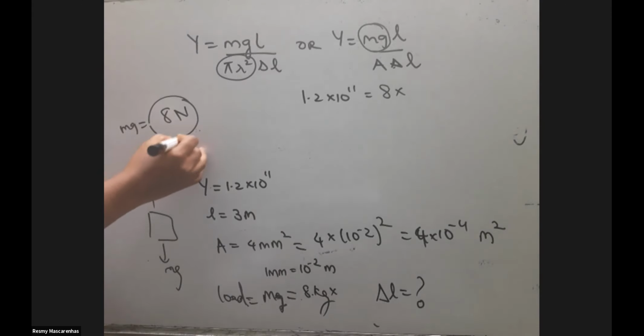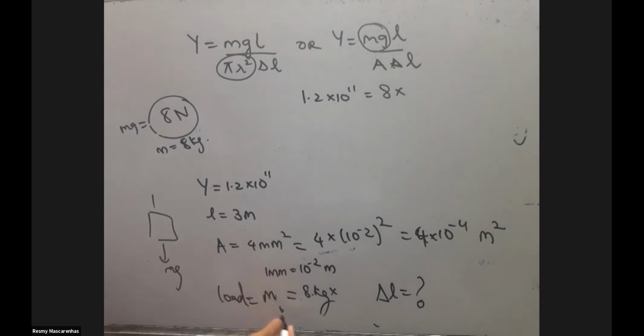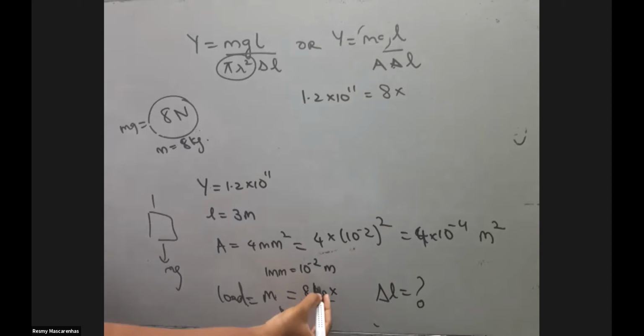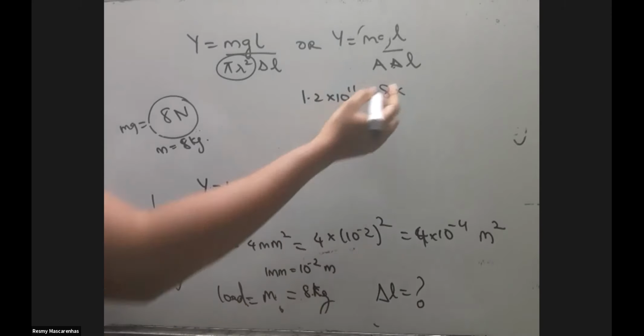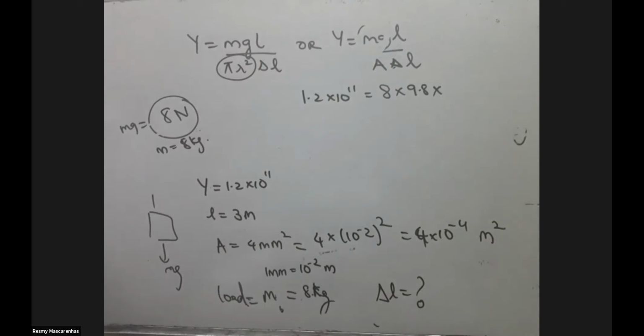If kg is given, then it is only mass. So now only m will be equal to 8 kg, so then we have to use 9.8. I have not seen the unit here. If this was Newton, then only it would have. So this will be 9.8.